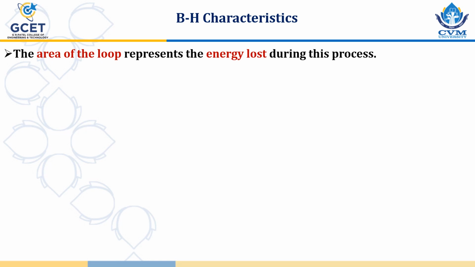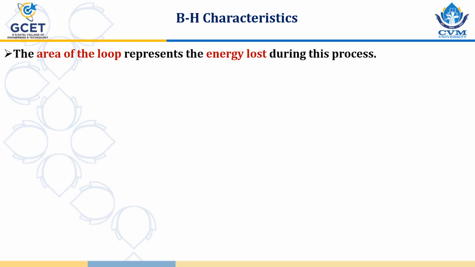Now if we calculate the area under the loop, then the area under the loop represents energy lost during this process. Which process? Reversal process. When we start increasing current in one direction, the particles are aligned in positive direction.